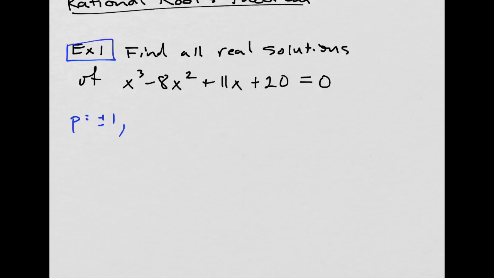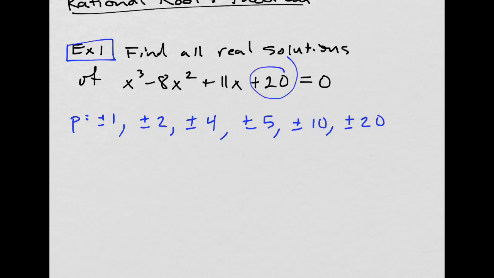So plus and minus 1, plus and minus 2, plus and minus 4, plus or minus 5. I'm just writing down the factors. All of these could multiply out by something to get 20. Plus or minus 10, right? Plus or minus 20. 1 times 20 works. 2 times 10, that works. 4 times 5, yeah. Okay, so those are all the factors of this term.